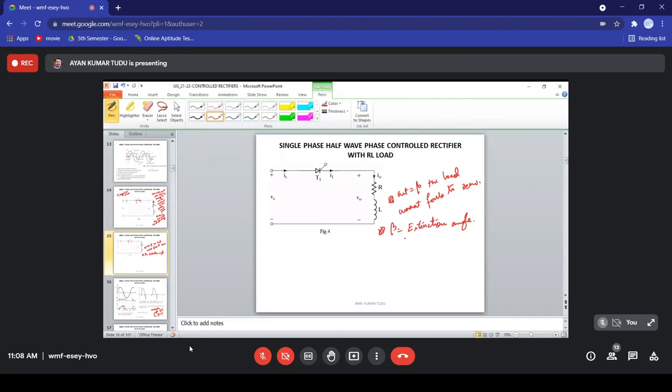Obviously, again, this beta is measured from the point of beginning of the positive half cycle of the input supply to the point where the load current falls to 0. Okay, let me write it down.